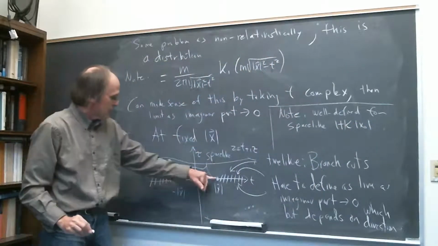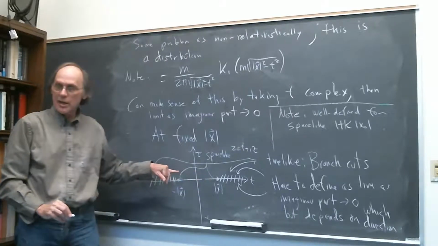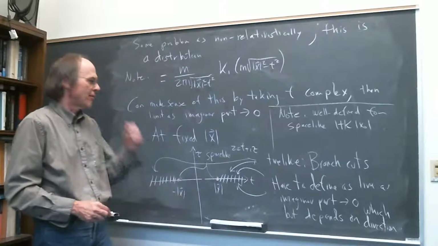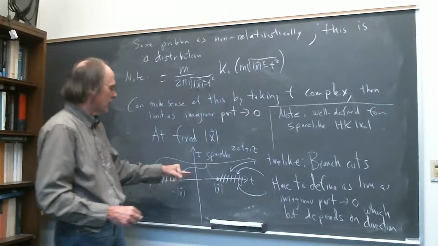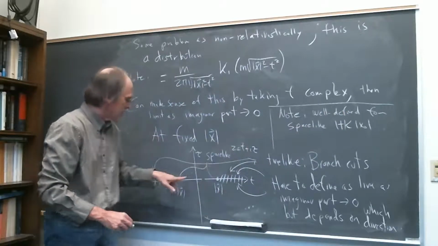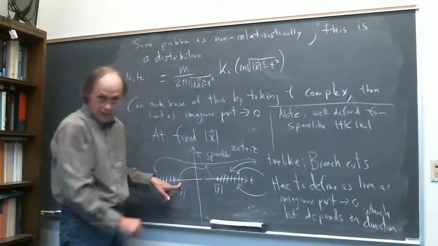So in this region, it's not a distribution that you have to do anything funny with. It's just a well-defined thing, and it falls off. Maybe I'll say something about that next time. But it's a perfectly well-defined function in here.